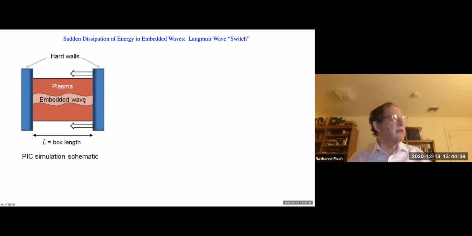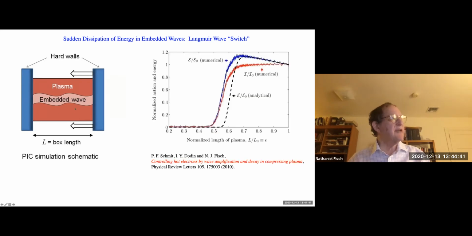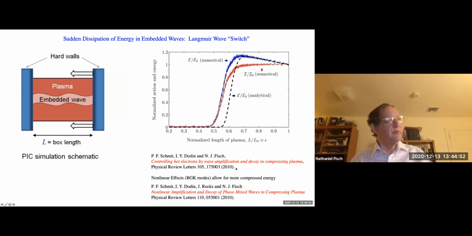Now, instead of turbulence, I could also imagine compressing a plasma wave. Basically, I can imagine different correlations in a plasma that I could compress, and you get a similar situation. If I had a Langmuir wave or BGK mode, I can even compress more energy. As I compress it, the Langmuir wave grows because I have adiabatic compression of the Langmuir mode.